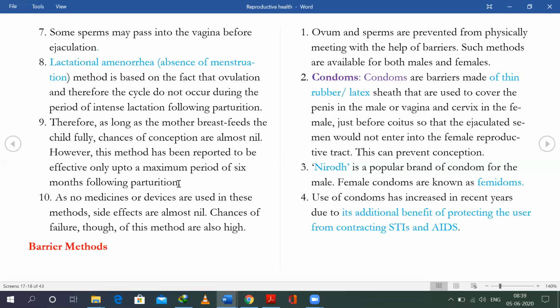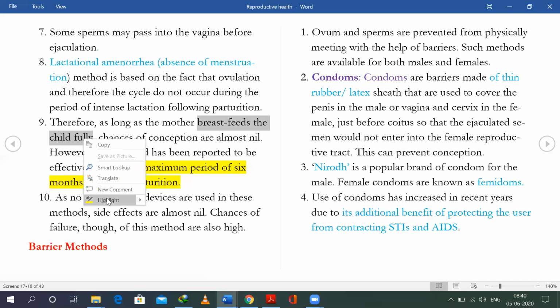In such a case, she might have the failure and she might have the menstrual cycles resulting in pregnancy. But the point you need to remember here is that the maximum period of the contraceptive value you are getting is 6 months, and the condition is that she has to breastfeed her child fully in the 6 months. Then only you will have the better chances.